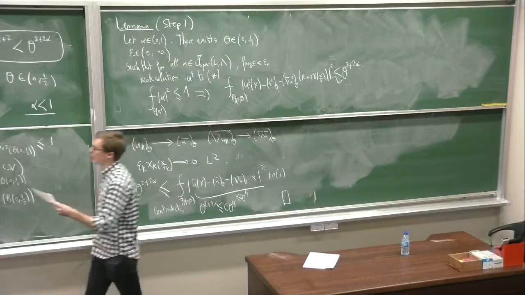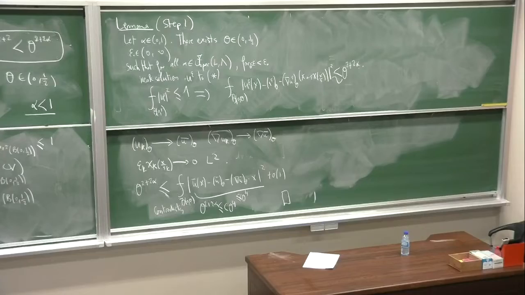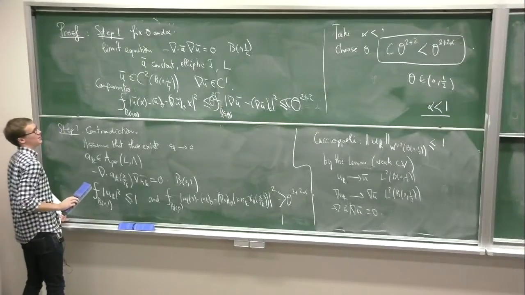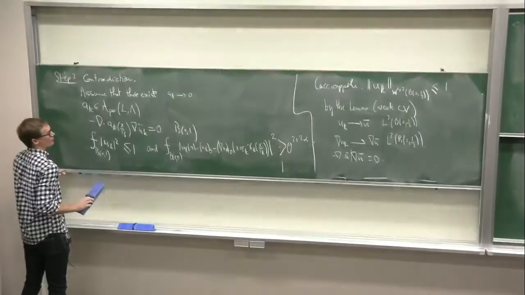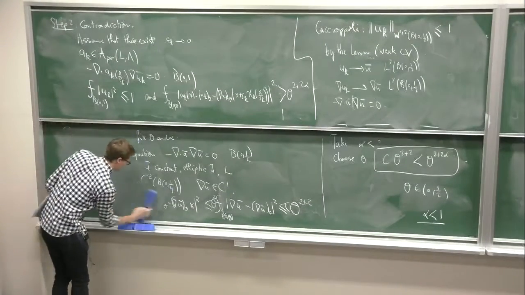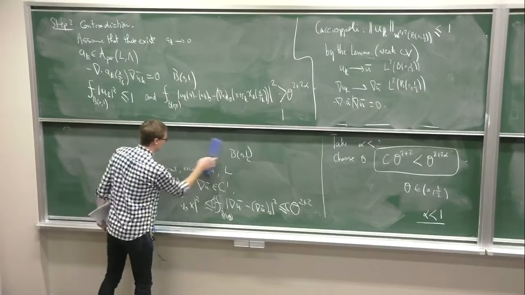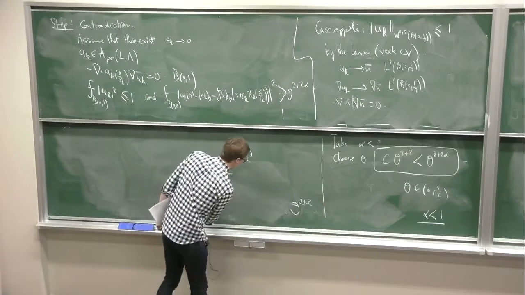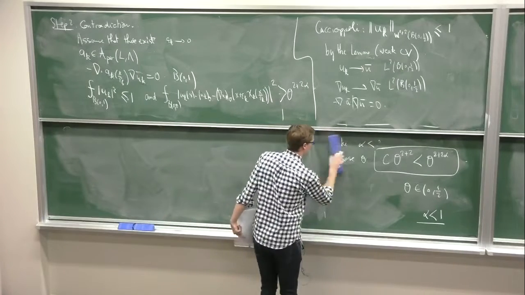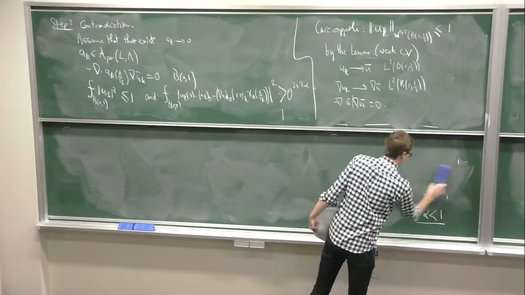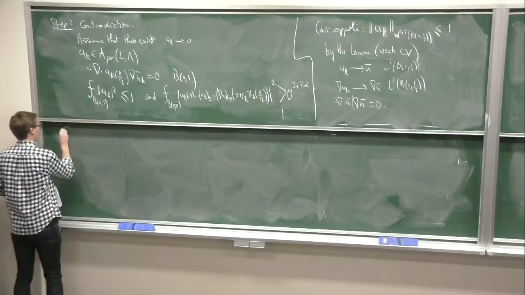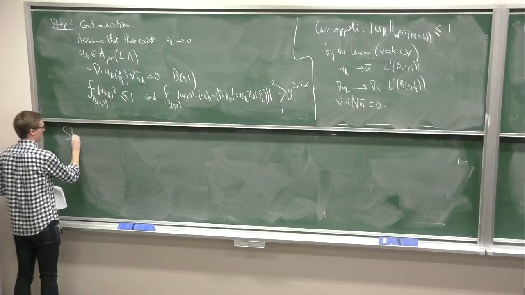Okay, so now I'll do the second step, which is the iteration. So step 2 of the proof of the Lipschitz estimate.